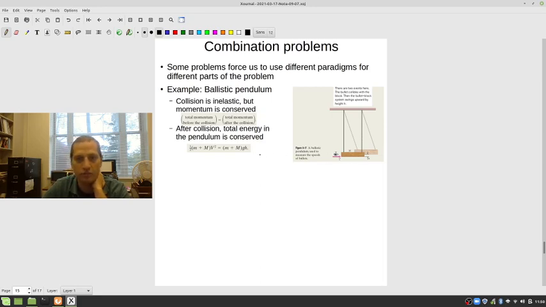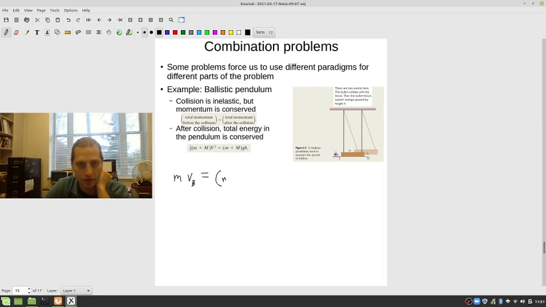this essentially gives an impulse to the block. So the momentum of this bullet is transformed into the momentum of the bullet-block system. Okay, so I have mass of the bullet times v of the bullet equals the momentum of the bullet-block system.